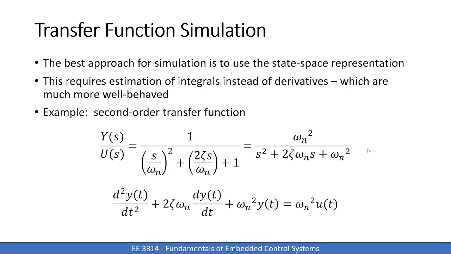So the best approach is to use state space representation. The reason we talked about state space in the previous lecture was because that's really how we're going to implement a dynamic system in the microcontroller. In this case, we're estimating integrals of variables instead of derivatives of variables. And estimating integrals, as you know, is much more well behaved.